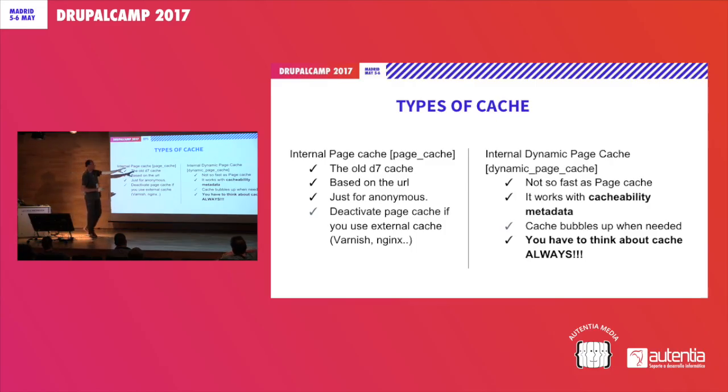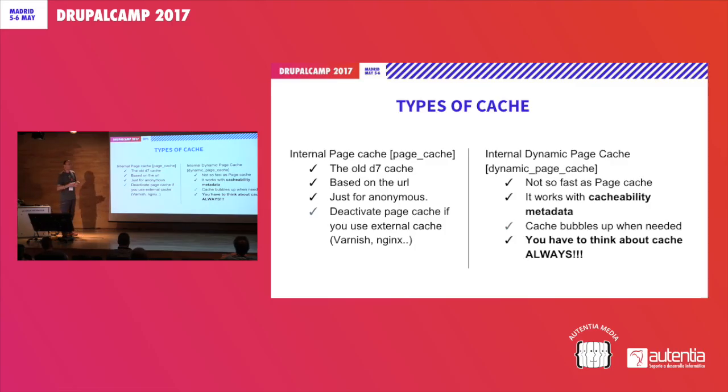And this is the new Drupal 8 type of cache, that is the internal dynamic page cache. It's not as fast as the page cache, because it's going to take care of little pieces of the page, not the whole page. It works with cacheability metadata that we are going to see right now. It's going to bubble up when it needs.